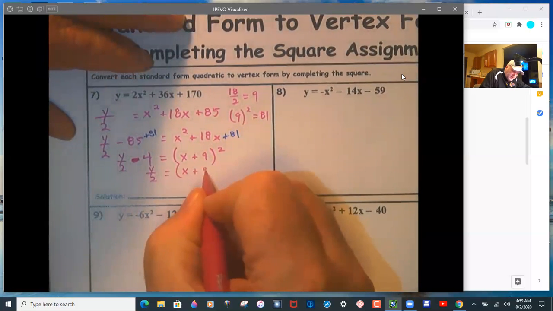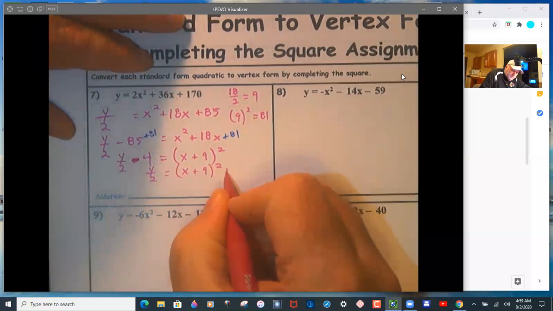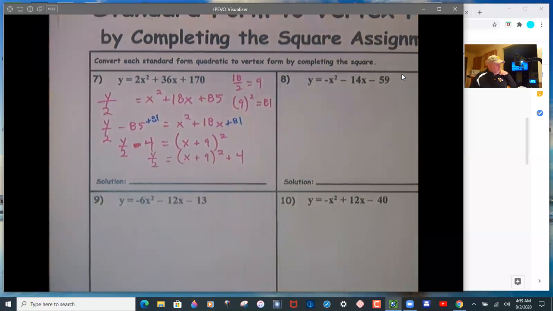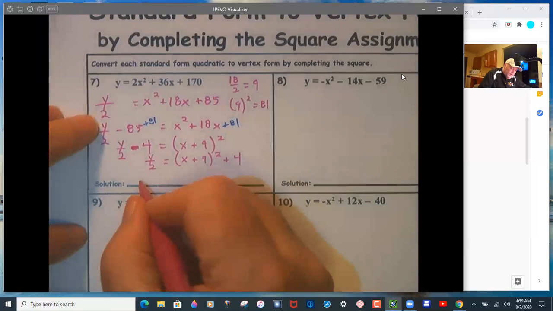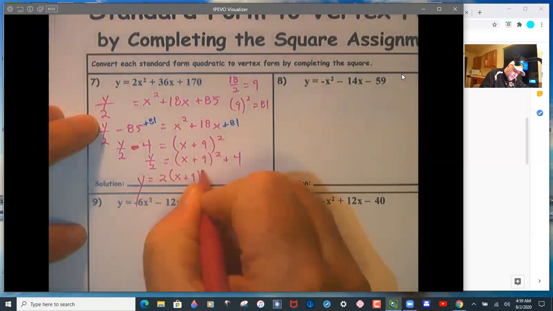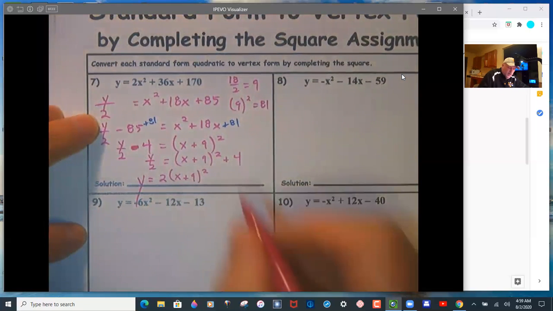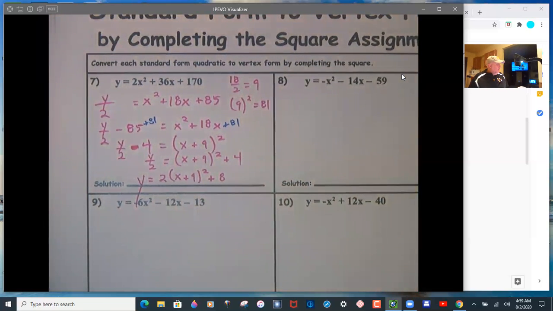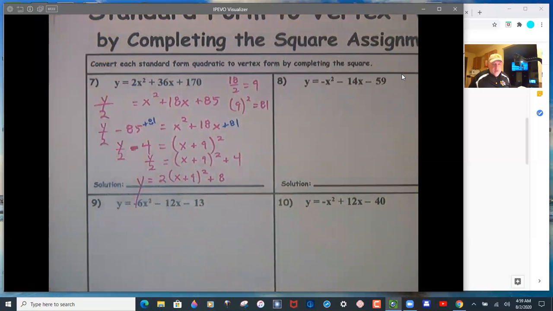And now that's going to be tricky. Okay, so both of these things get the 2. So the 2 goes in front of the x plus 9 squared. You multiply the x plus 9 squared by 2. And you also multiply the 4 by 2. So on your tier 3 problems on the quiz, you're going to get harder versions of this.